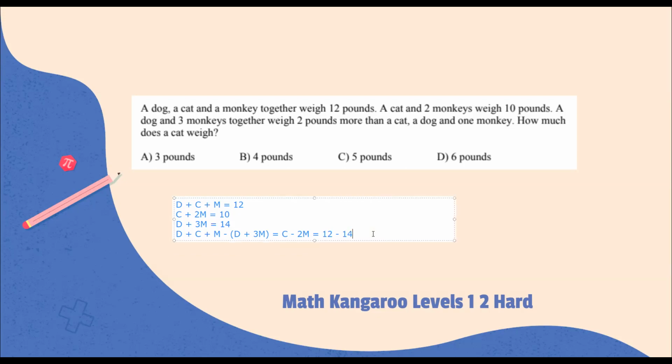This looks really similar to the cat plus 2 monkeys, right? So we could use that equation. We could add these 2 equations together. So C minus 2M, 2 monkeys, and then you add that to C plus 2 monkeys.